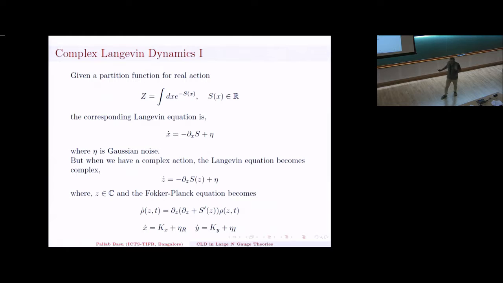If eta is equal to 0, then hopefully this dynamics would take you to the saddle point of the action. It is difficult to prove even if eta is 0, because it is a complex flow, but one can intuitively think that this dynamics somehow zooms in on the saddle point of this action.